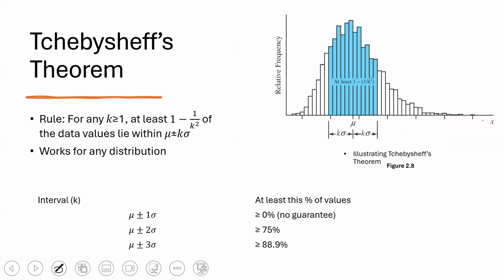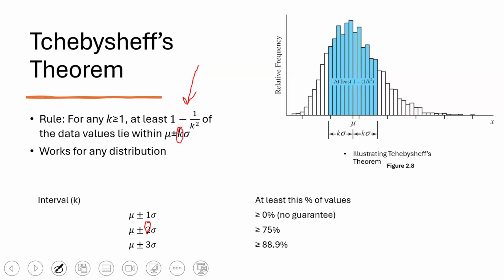We're going right off of what's right here. Now, by the way, where's that 75% coming from? It's from this formula right here, right? We're plugging in k equals 2. That's the value right there, right?